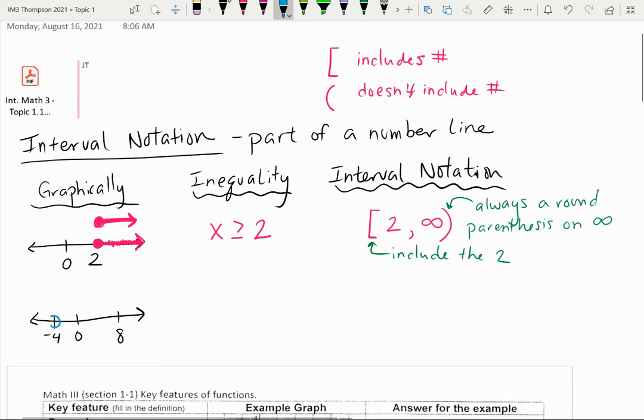Let me come up with another small example. So you have a number line, and I'm talking about the numbers between -4 and 8, including 8.